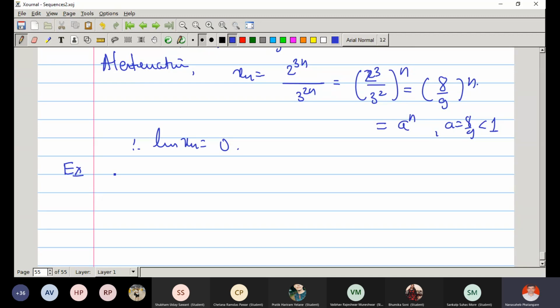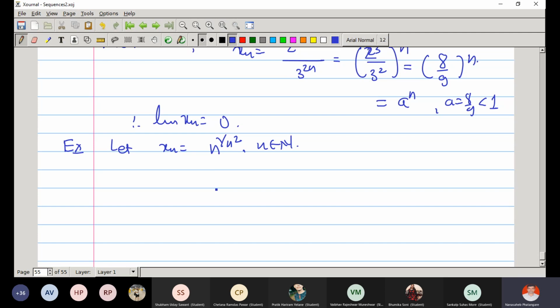So let Xn be n raised to 1 by n square. What is the limit? Now we are interested in this sequence.